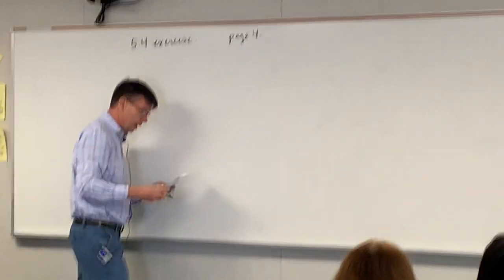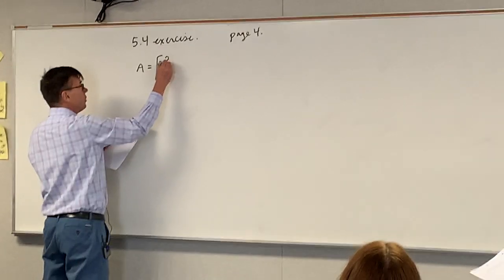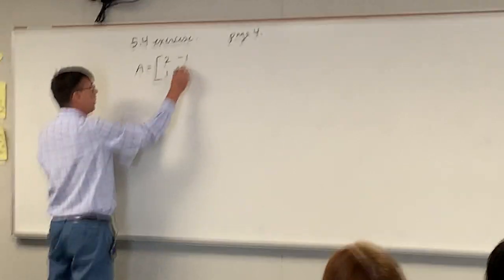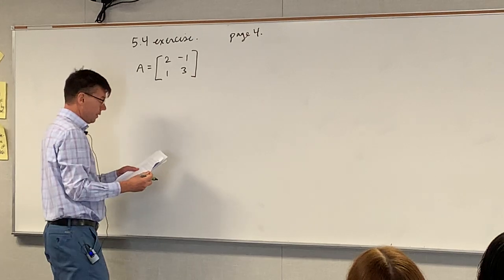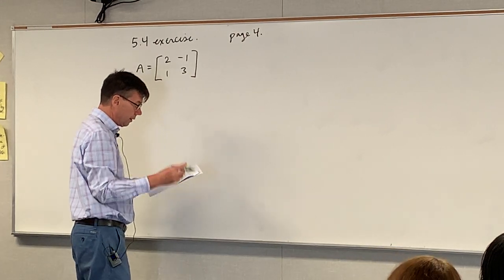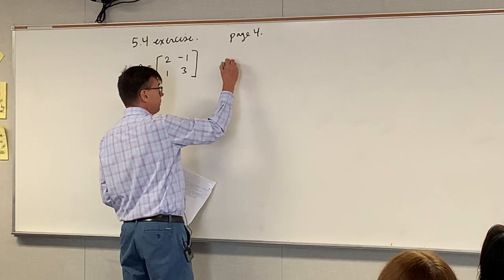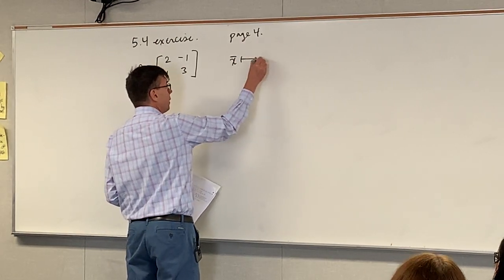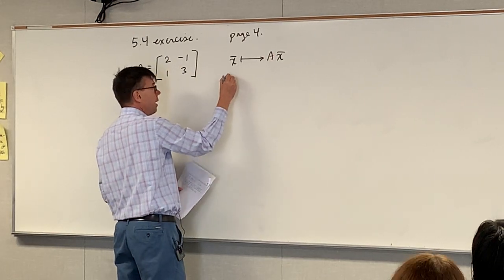Of the handout. So we got this 2 by 2 matrix A, 2, -1, 1, 3. And so we're thinking of the linear transformation that's just multiplication by A from R2 to R2.